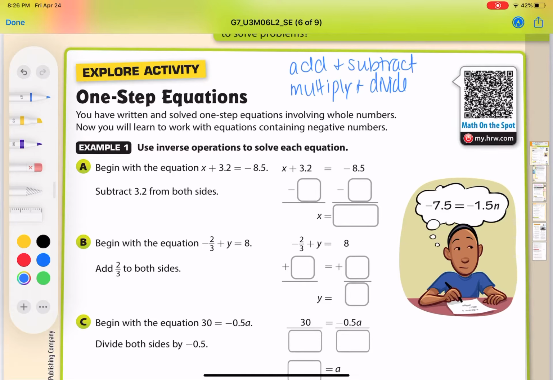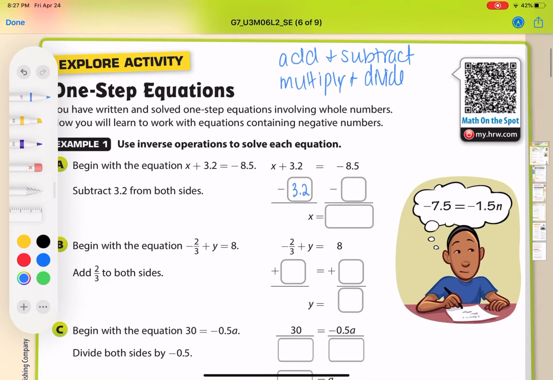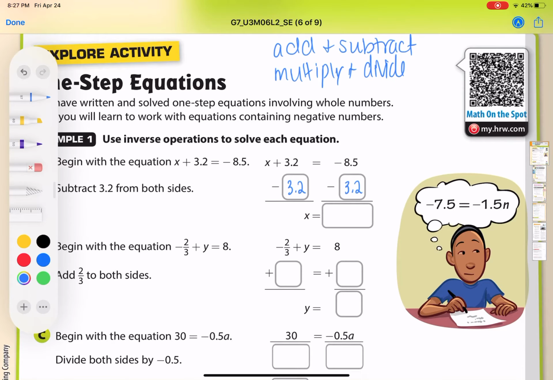Letter A says begin with the equation x plus 3.2 equals negative 8.5. It tells you to subtract 3.2 from both sides. We're subtracting because 3.2 is added, and we want to get our variable by itself. If you remember, when we subtract, we can rewrite it as addition, so this could also read negative 8.5 plus negative 3.2.